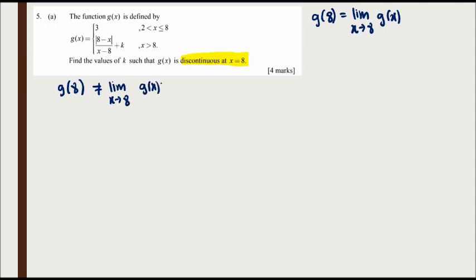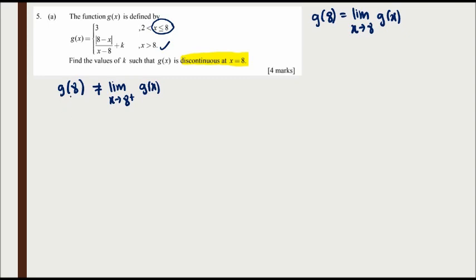In this case we only have two different parts. For g of 8, this is also the same value as x approaching 8 from the left. On the right hand side, we take x approaching 8 from the right so that we can use the second part of g(x).